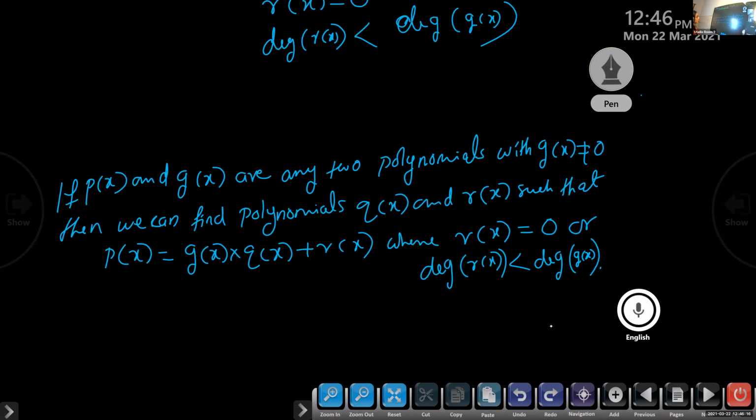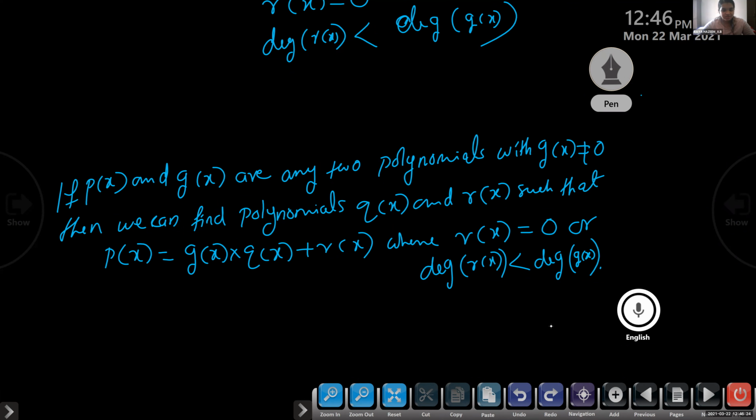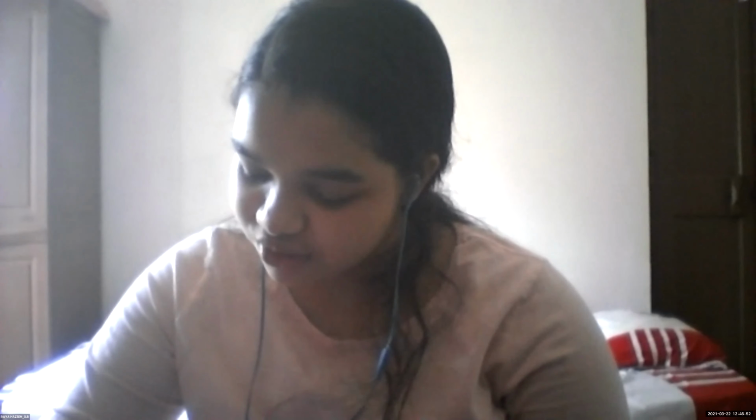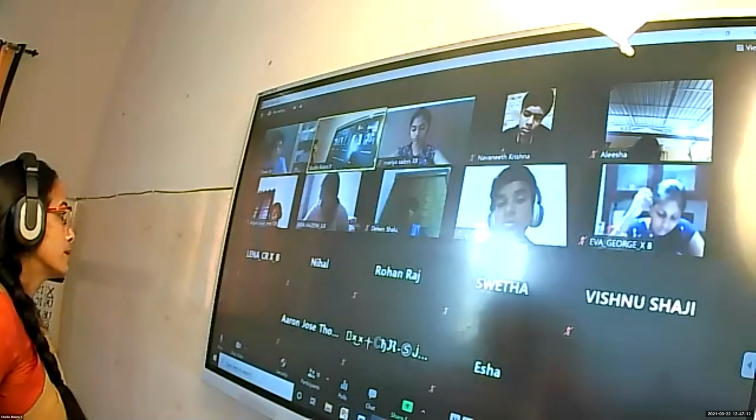Okay, Raya, read division algorithm. Raya. if P of x and G of x are any two polynomial with G of x not equal to 0, then we can find polynomials Q of x and Read. then we can find polynomials Q of x and R of x such that P of x equal to G of x into Q of x into R of x, where R of x equal to 0 or degree of R of x not Less than. less than degree G of x.